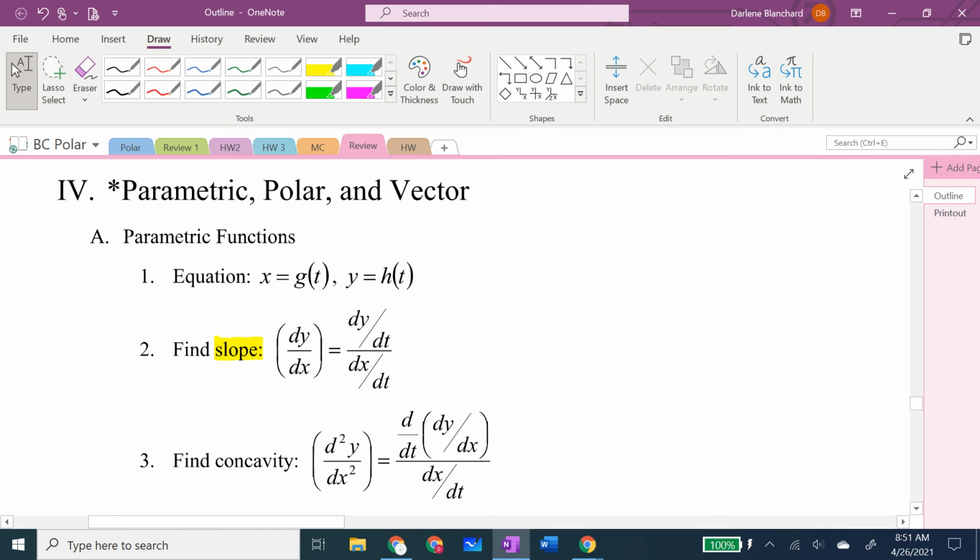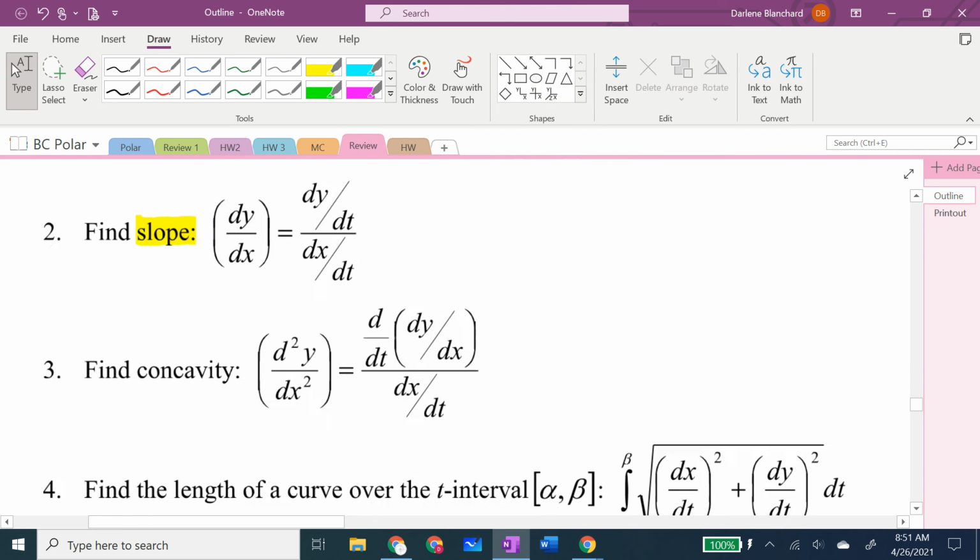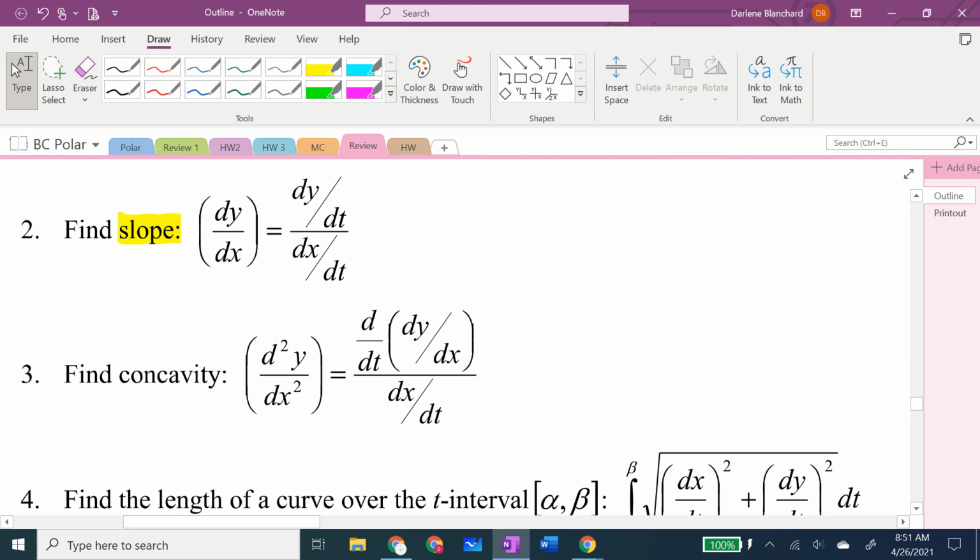Now, if you have to do concavity when you are working with parametric or vector for that matter, you have to do a little bit extra, and this is a very specific formula. Realize that you have two functions with respect to time when you find your first derivative.